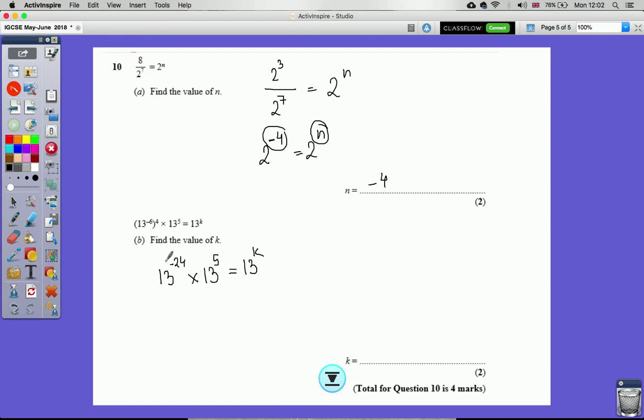So 5 add negative 24 is negative 19. So 13 to the power of negative 19 is 13 to the power of k. So k is equal to negative 19. And that is your answer. So that brings us to the end of the second segment, which is questions 6 to question 10.